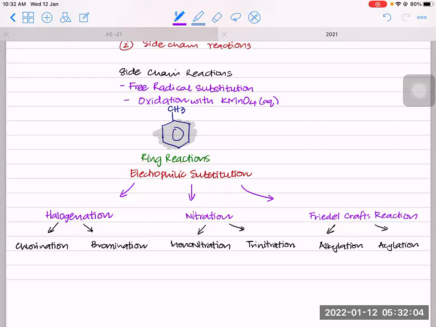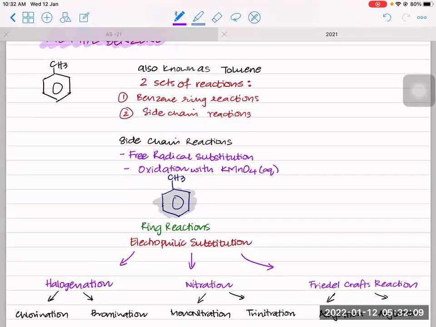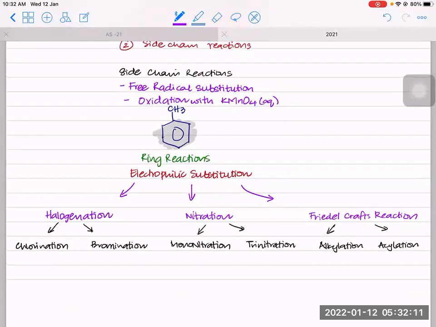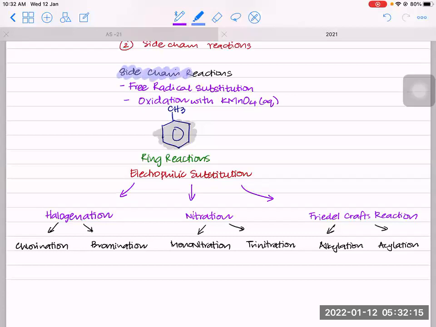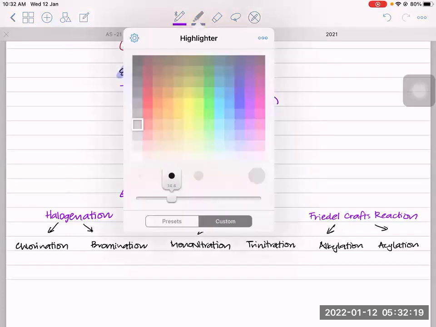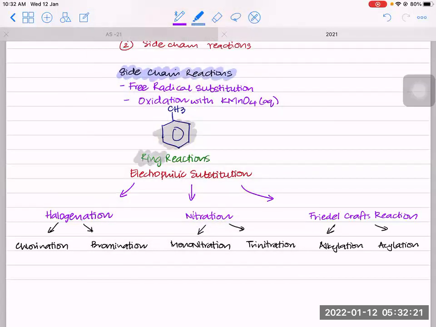Clear? So you have methyl benzene, which undergoes ring reactions and side chain reactions. The side chain reactions include free radical substitution and oxidation. The ring reactions include electrophilic substitution, which types? Halogenation, mono and trinitration, Friedel-Crafts alkylation, and acylation.